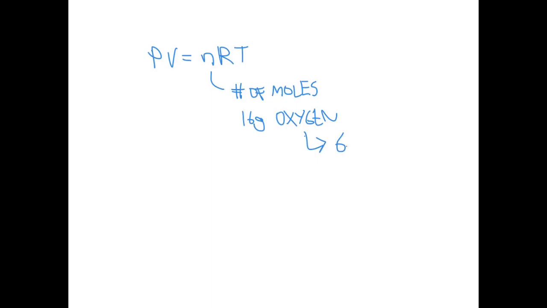So for example, if you have 16 grams of oxygen at standard temperature and pressure, you have Avogadro's number, or you have 6.02 times 10 to the 23rd atoms, which is an unbelievably huge number. That's again at standard temperature and pressure. R is a constant.